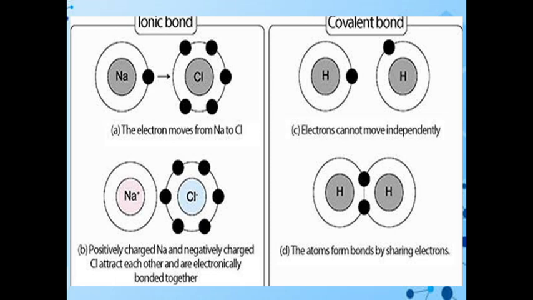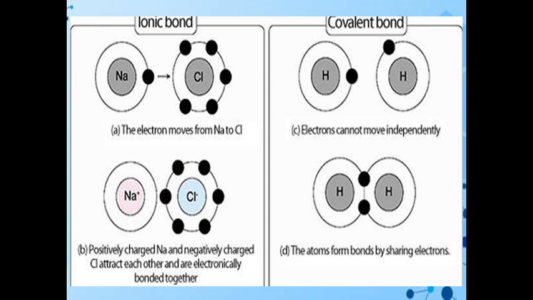When the electron is transferred, the metal becomes positive, while the chlorine accepts the electron and becomes negative. So the positively charged sodium and the negatively charged chloride attract each other and are electrostatically bonded together, because they have positive and negative charges.